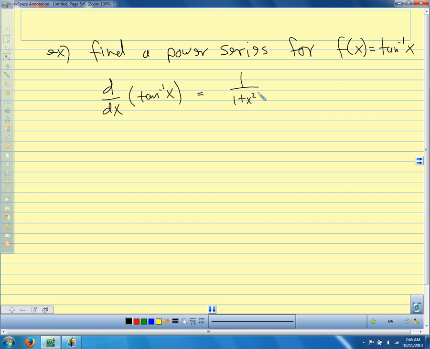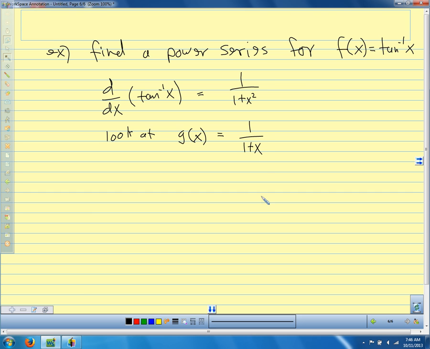Let's use this. What does this look like? Sort of like the sum of a geometric series. This looks like the sum of a geometric series. So let's play with this a little bit. We're going to look at g of x equals 1 over 1 plus x.